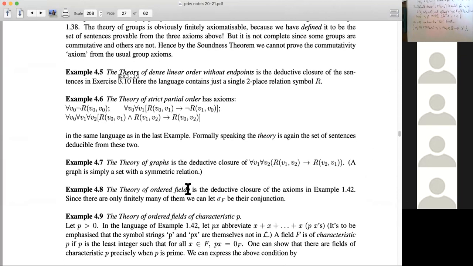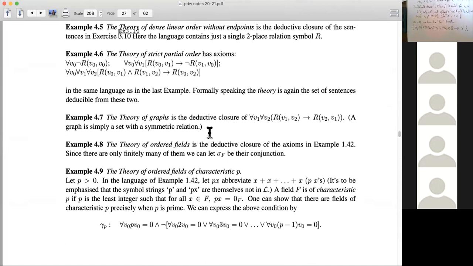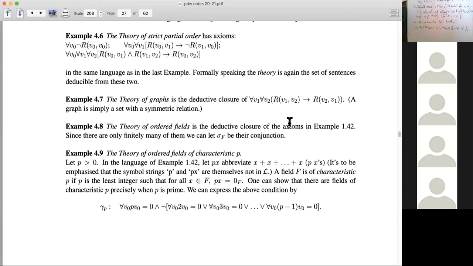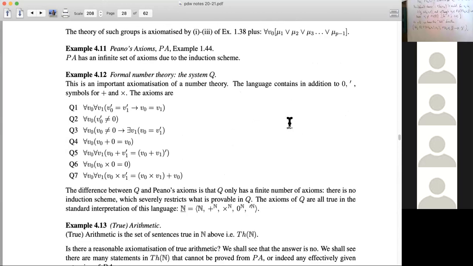I said theory of graphs, deductive closure of this very simple theory, right? A graph is just a set with one relation on it.